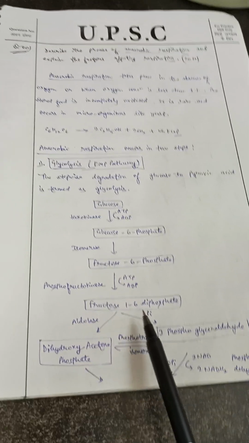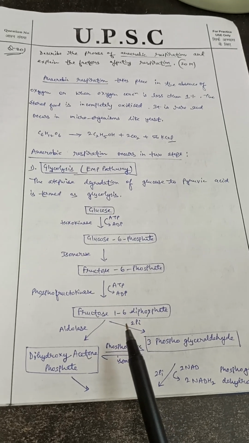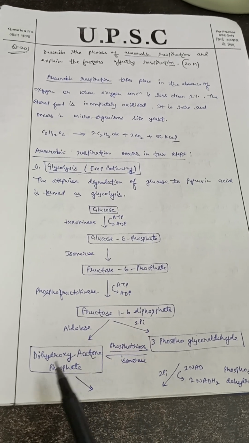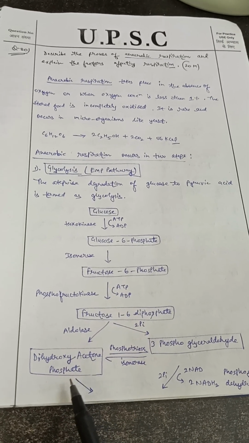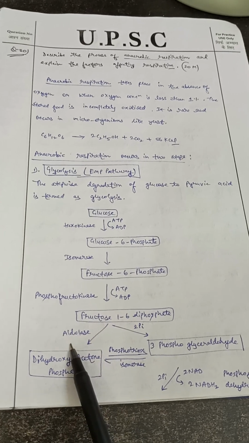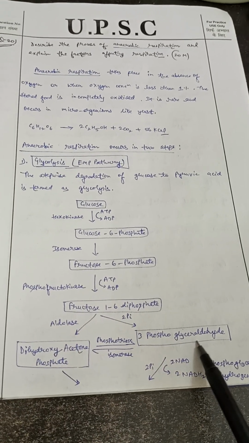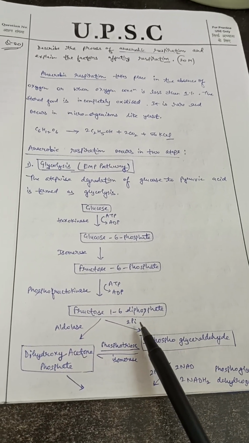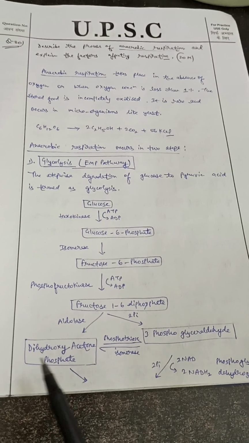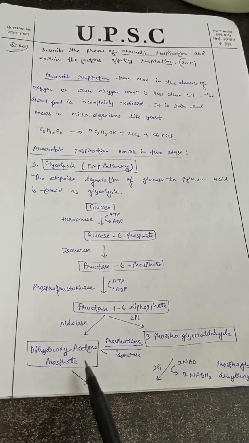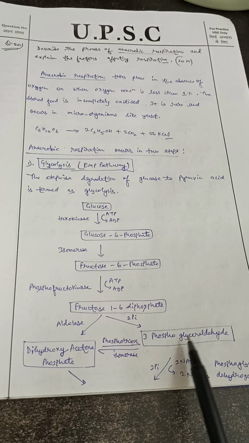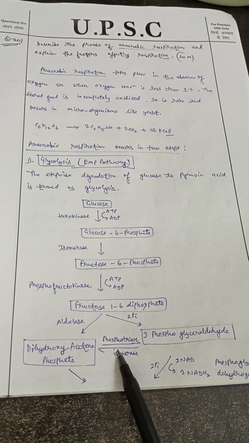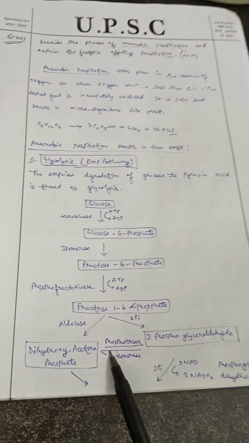Then fructose 1,6-diphosphate is converted into two molecules. Number one is dihydroxyacetone phosphate in the presence of aldolase enzyme, while the other is 3-phosphoglyceraldehyde. Dihydroxyacetone phosphate can be converted into 3-phosphoglyceraldehyde in the presence of phosphotriose isomerase and vice versa.